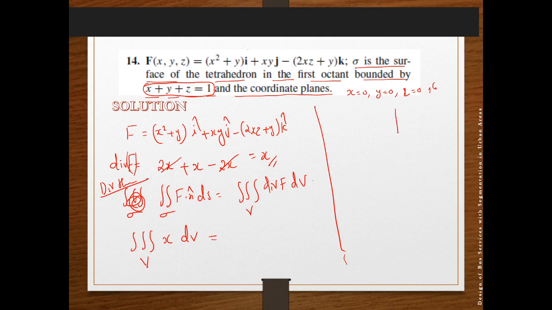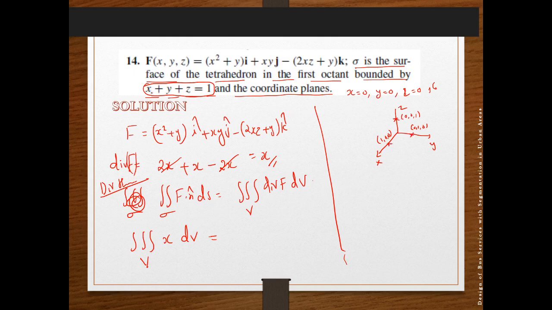So I will draw the x, y, z axes, and the plane x plus y plus z equal to 1 is cut by the coordinate planes. So the intersecting points are (1, 0, 0), (0, 1, 0) and (0, 0, 1), right?